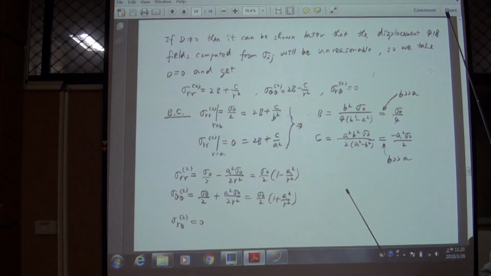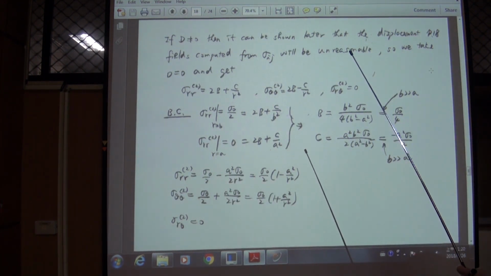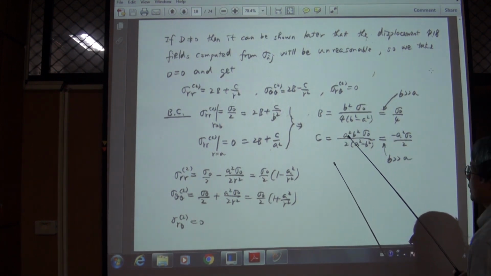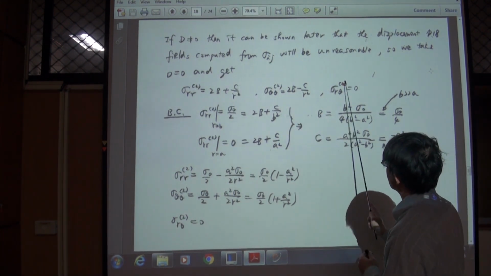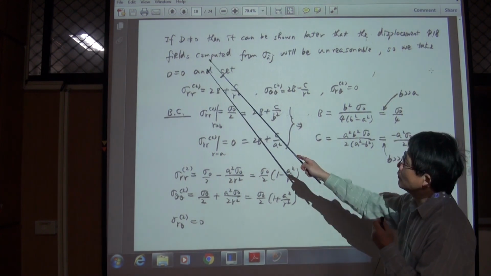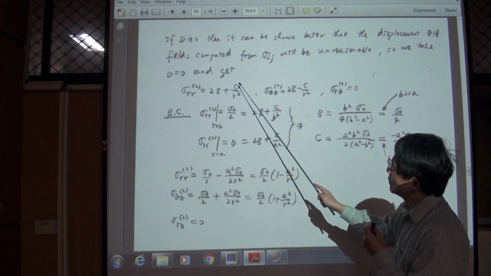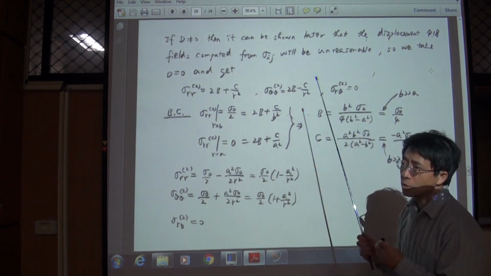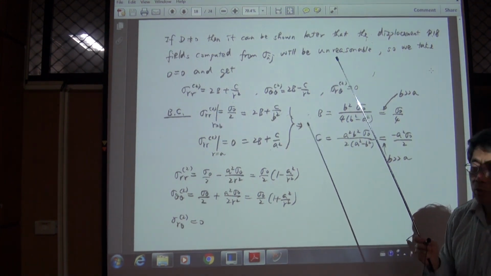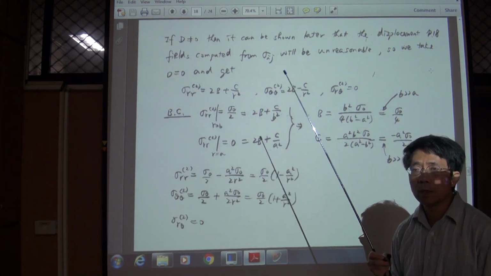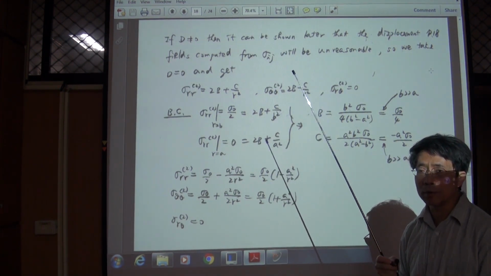By arguing this, the stress field is now written as this one, this one, this one. We don't have big D anymore. We have B, C only. So we have two constants to be solved by two conditions.